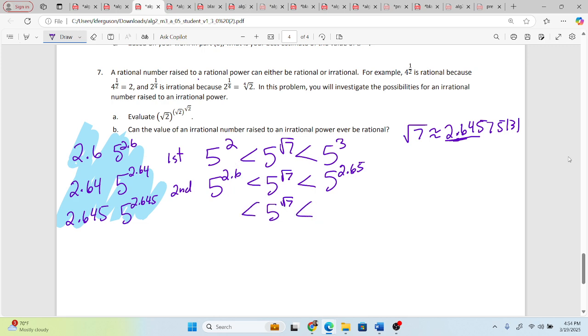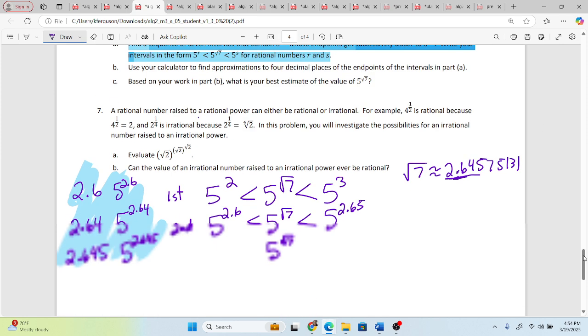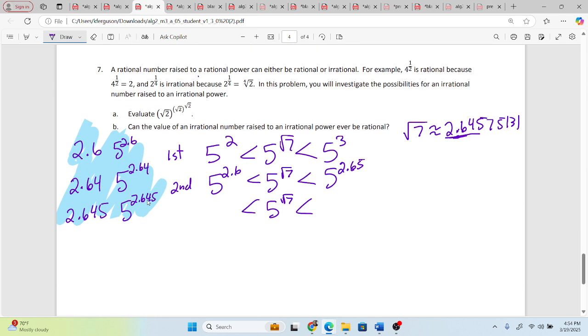And so now, as I said up here, we're writing it as 5 to the r power is less than 5 to the radical 7 power, which is less than 5 to the s power. So let's keep going. So if I'm trying to find two numbers that 2.645 are in between, I'm going to say 5 to the 2.64 power. And remember what I did with the little temporary, the little 6 that we were doing in finding the interval.